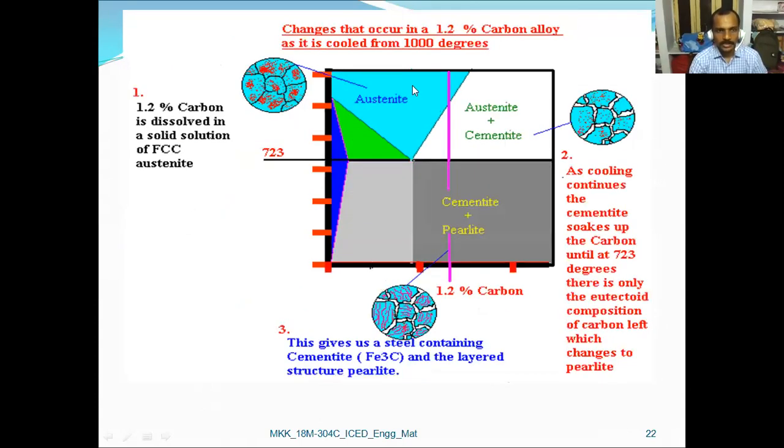Starting with the austenite, 1.2% carbon dissolved in an FCC solution is known as austenite. Later at 723 degrees centigrade, the carbon changes to pearlite, and this 1.2% carbon in the steel gives a layered structure known as pearlite.